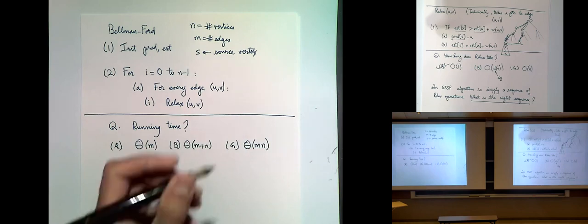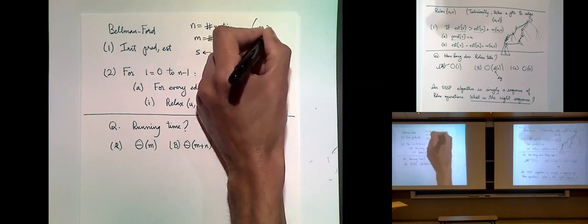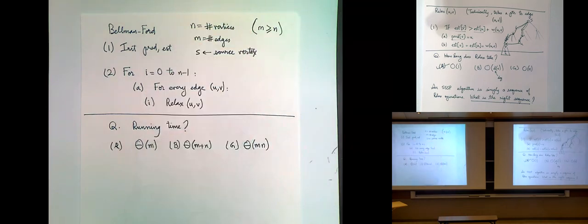Let's just assume that m is always at least n, just to keep life simple. Because technically you would do BFS, find your connected components, and run it on each connected component. When a graph is connected, the number of edges is at least n over 2. But just assume this for now. Keep life easy. What is the running time?